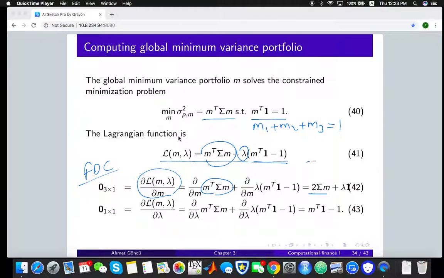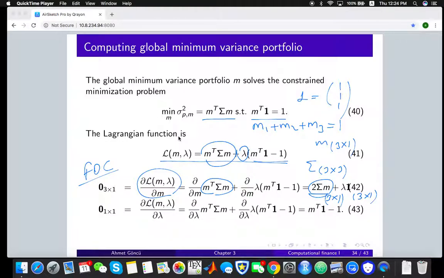Sigma is 3 by 3 and m is 3 by 1, so what you have here is a 3 by 1 vector. You can verify whether the dimensions match. Then notice that this vector of 1s, 1, 1, 1, is again a 3 by 1 vector, so what you get here is also a 3 by 1 vector.